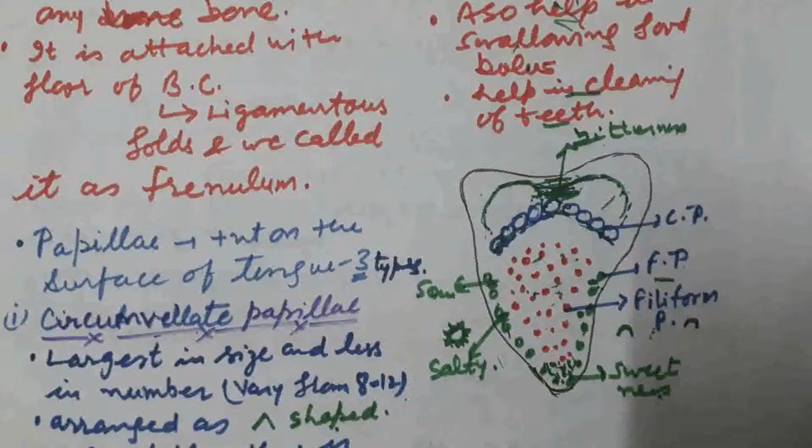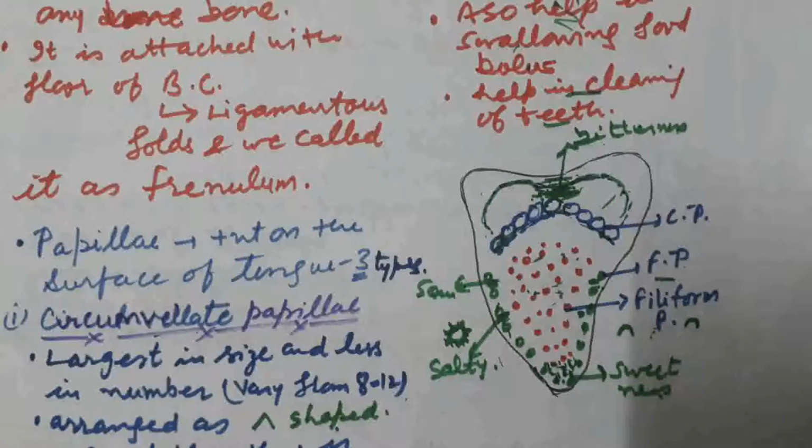They contain B and T lymphocyte cells, and lingual tonsils only get activated when bacteria or viruses come in contact with these tonsils. So they provide protection from these types of infection to our body.